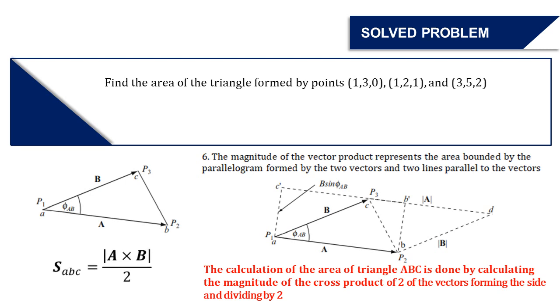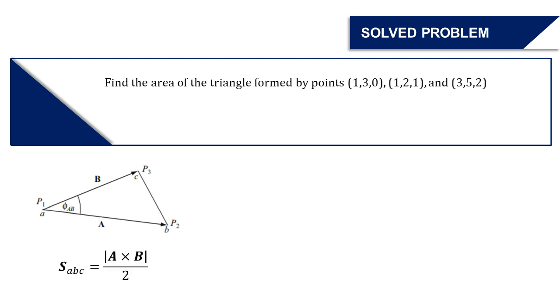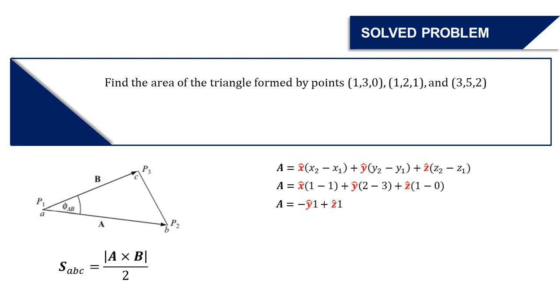So, paano natin yan gagawin? Kailangan daw natin yung ating cross product. Therefore, para makakuha tayo ng cross product, kailangan muna natin ng vectors. So, represent muna natin yung ating mga points into vectors. Same dun sa ginawa natin kanina sa solve problem. Okay? So, sa A, it is the vector from point 1 going to point 2.